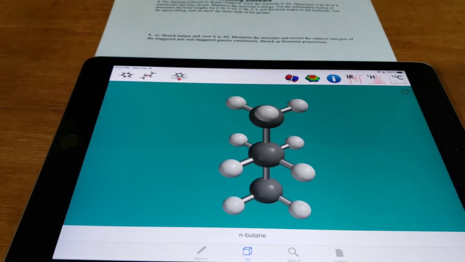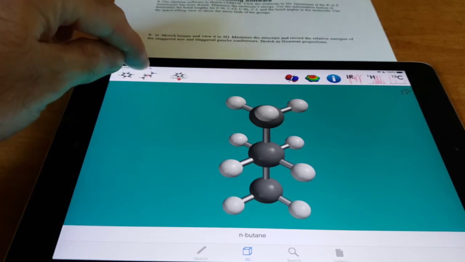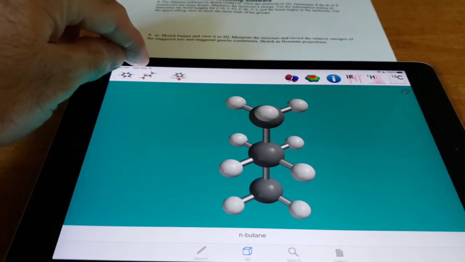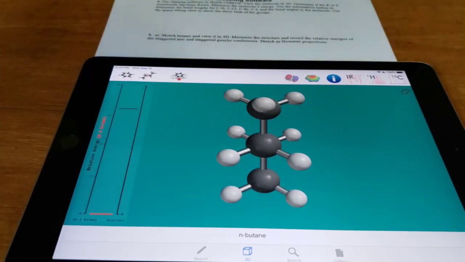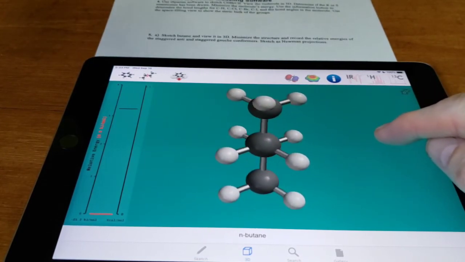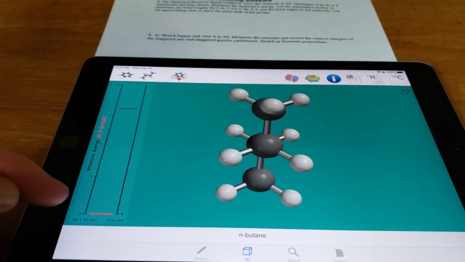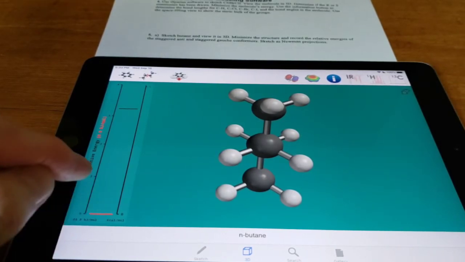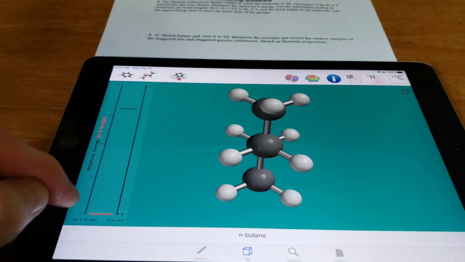Okay, let's see if we can tell the difference in a couple of different conformations. So in this top left, I have an icon that I'm going to pick out, and it's going to show me some relative energies. Here at the bottom is the conformer that it has picked, and I have a red line there.